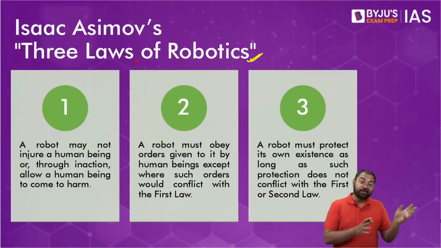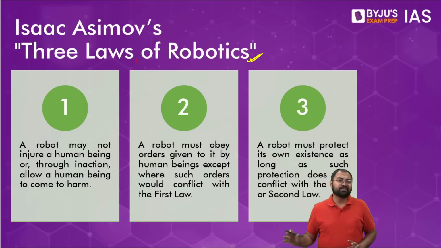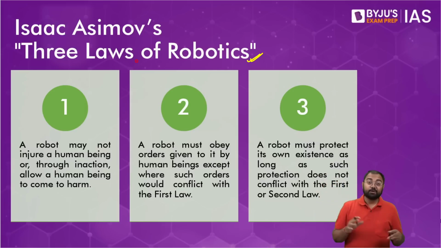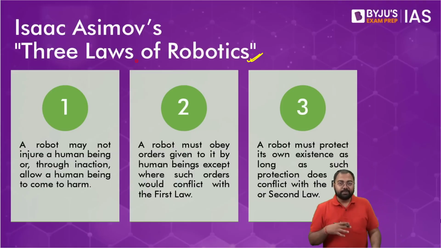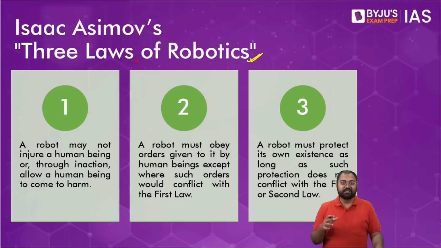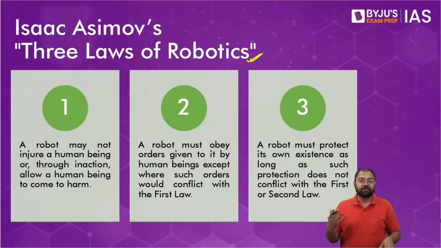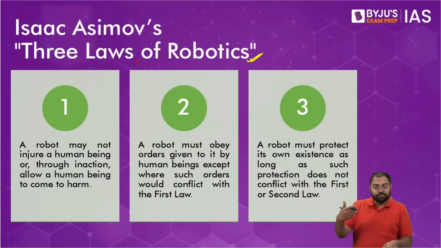He was more related to biochemistry, but he has written a lot of science-based articles, and a lot of science fiction also. He gave these three laws of robotics, but more than laws, these are guidelines. These are not laws like laws of motion or laws of physics, but more guidelines for the industries which are going to use robots.